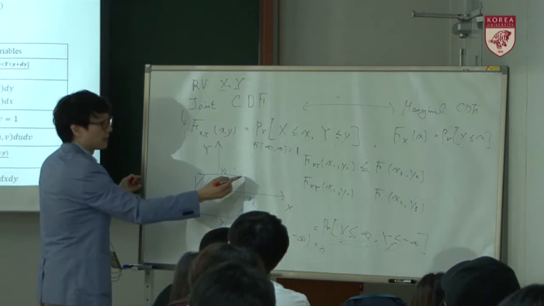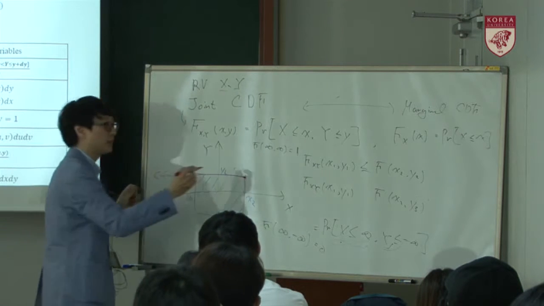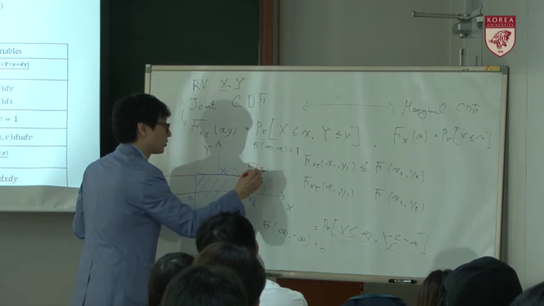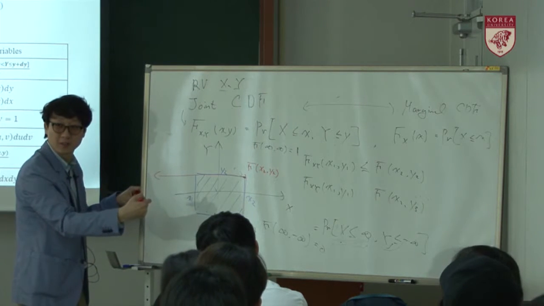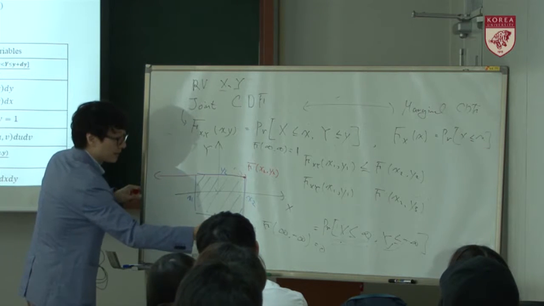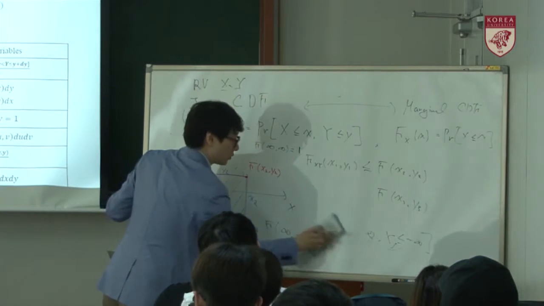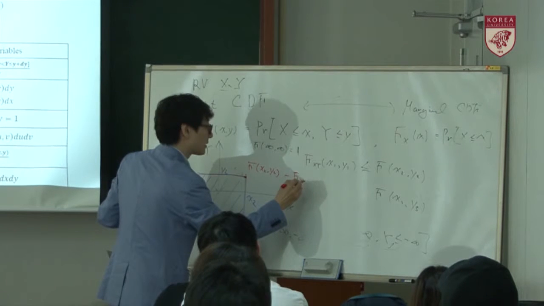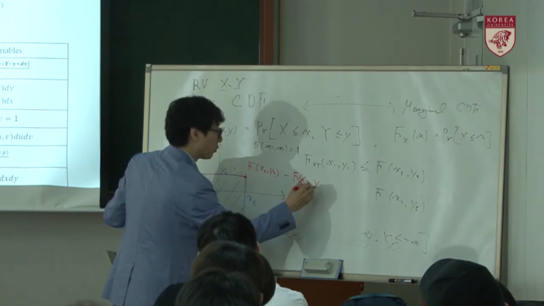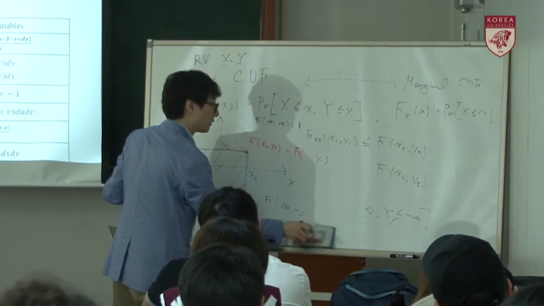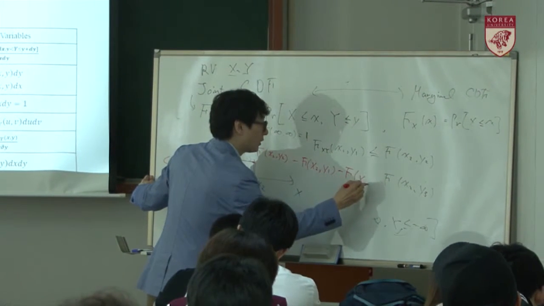Starting from the probability of this one in here. This is F of x2 and y2. This one includes this part, this part, this part. Here we subtract this part, so we subtract F of x2, comma y1, minus F of x1, comma y2.